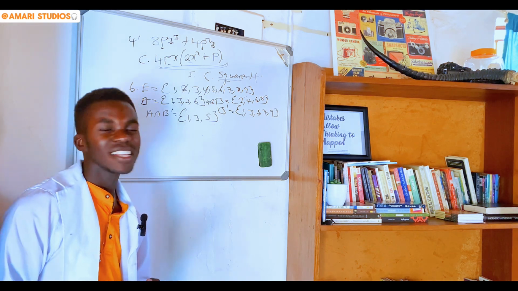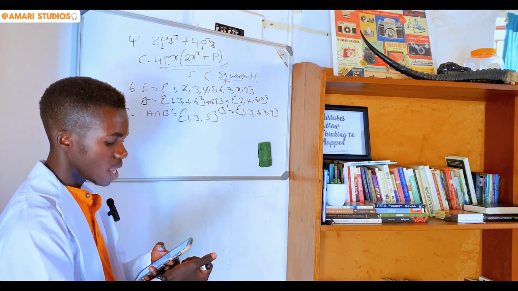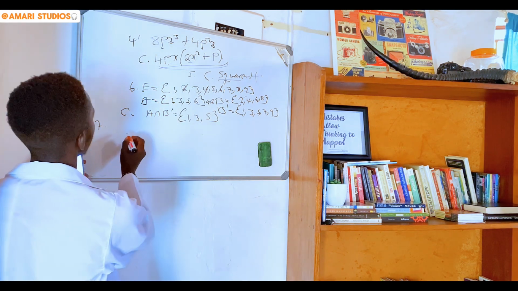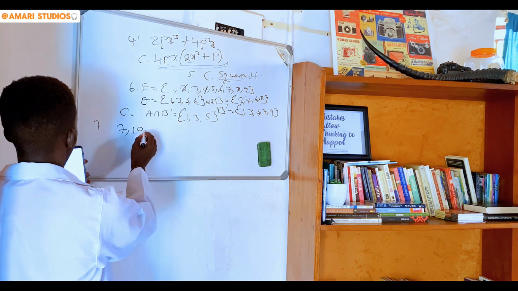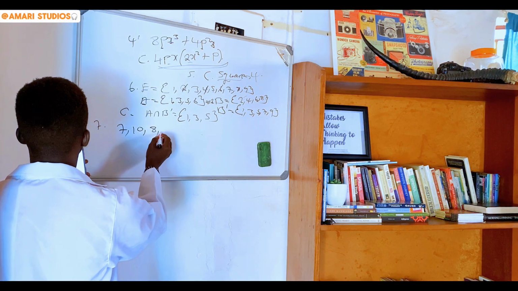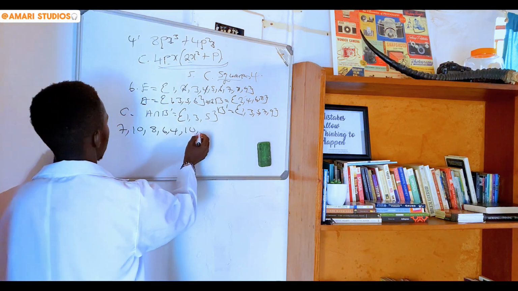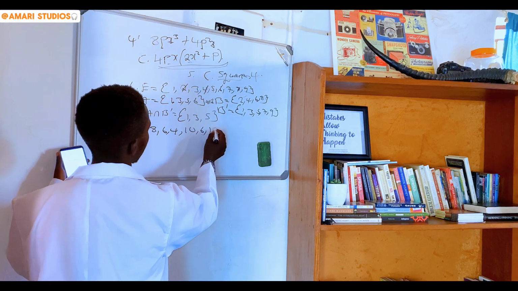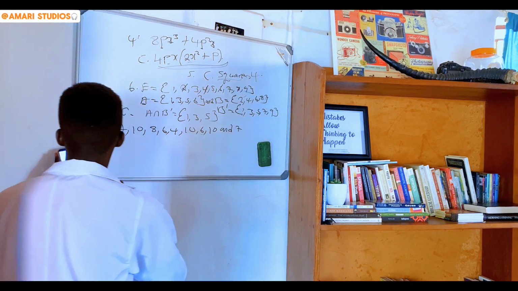Question 7 is saying a netballer scored the following number of goals in 9 games. We have 7, 10, 8, 6, 4, 10, 6, another 10, and lastly, we also have 7 there.